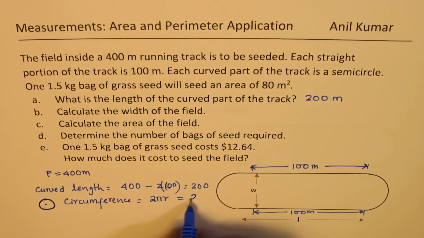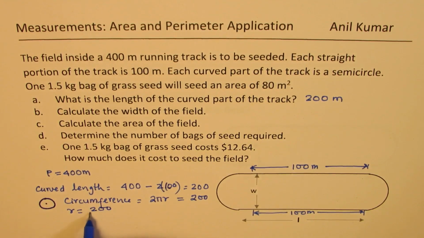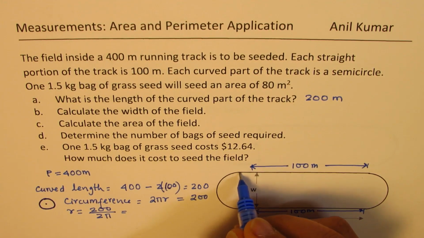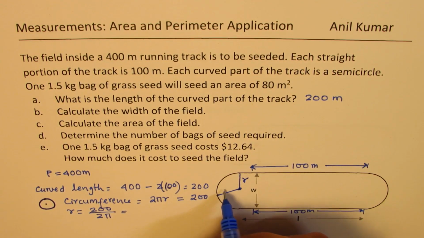And that should be equal to 200. That means the radius in this case will be equal to 200 divided by 2 pi. We can calculate this. We're saying for this circle, radius r, right? So that is the radius r.